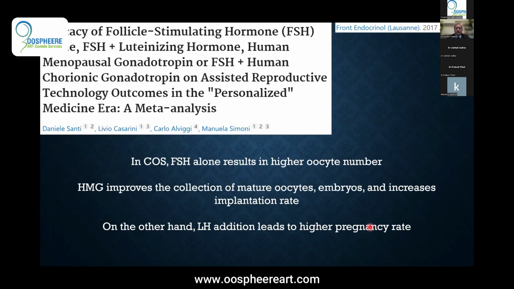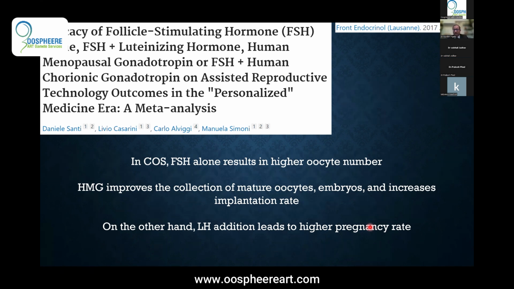Now, this was a meta-analysis. They wanted to know whether FSH alone is better, or FSH plus LH is better, or HMG is better, or FSH plus hCG is better. So this meta-analysis says, if you use recombinant FSH, a 98% pure hormone, it always gives a slightly higher oocyte number. So where are we concerned about higher oocyte number?